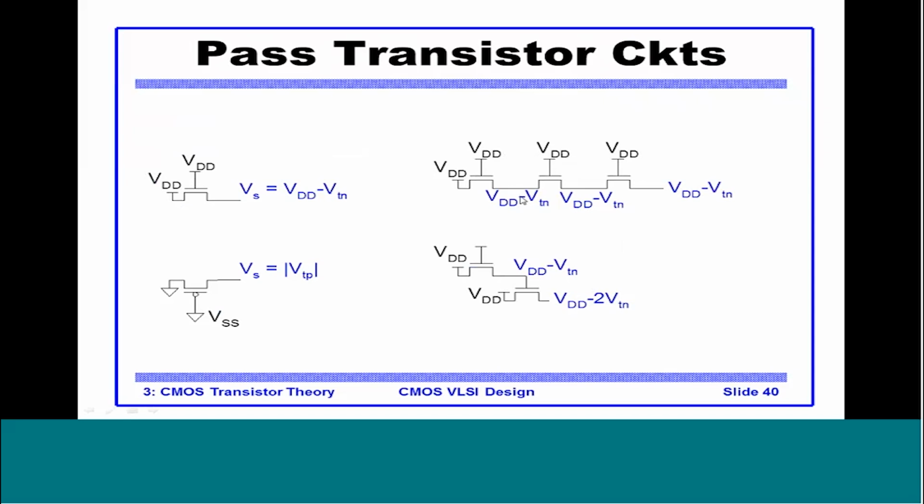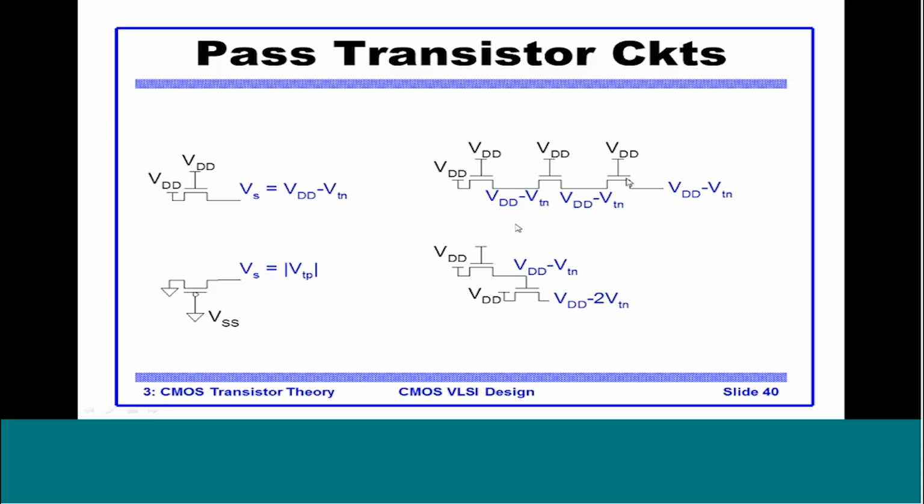It is less than VDD, it is actually VDD minus VTN. So please verify using the equations of VGS being greater than VT for the NMOS to operate in the on mode, and verify that the voltage at the end of the circuit will remain VDD minus VT.